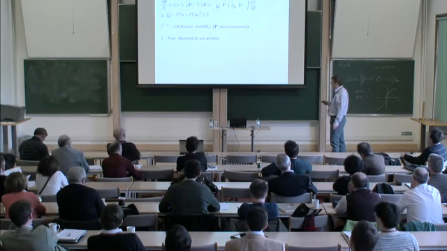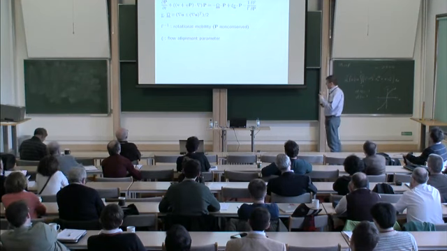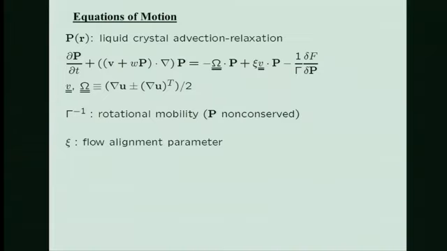So you have advection, including this rotational piece of the advection, with a parameter which tells you how strongly you rotate in the presence of a shear flow, and a local relaxation, which again is completely standard. This is the molecular field, and that's a molecular relaxation rate. So P is not conserved, but it can advect.